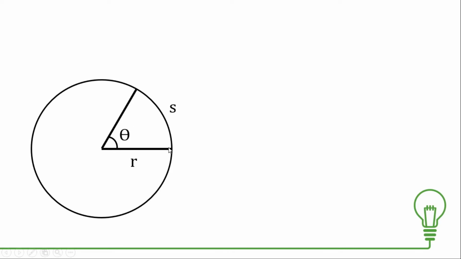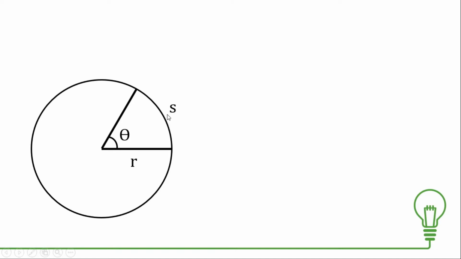We have already discussed that the circumference of the circle, assuming the radius is 1, is 2 pi. But we are just after the value of s here, or the measure of the arc length.